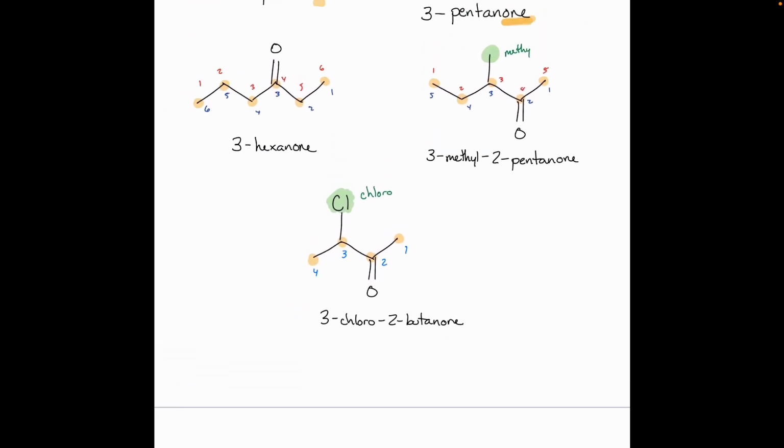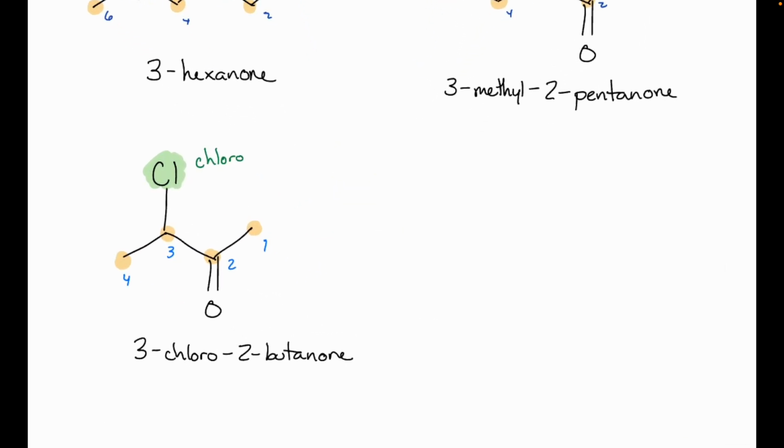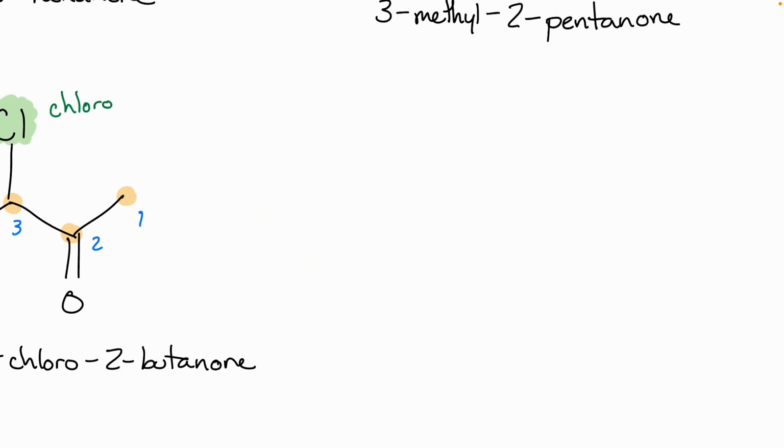Okay. So everybody, I want you to take a second and try to draw me the simplest ketone that you can. By simplest, I mean the fewest number of carbons. All right, try to think of the smallest ketone that we could have.